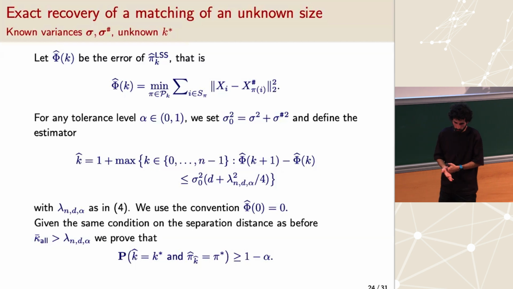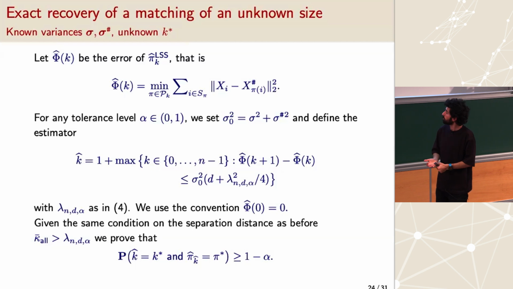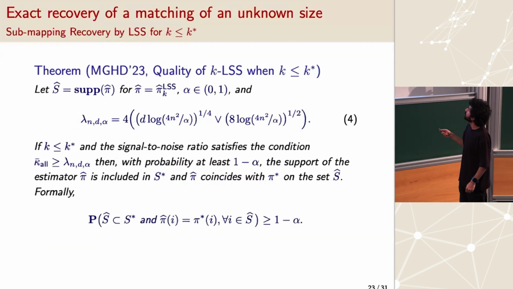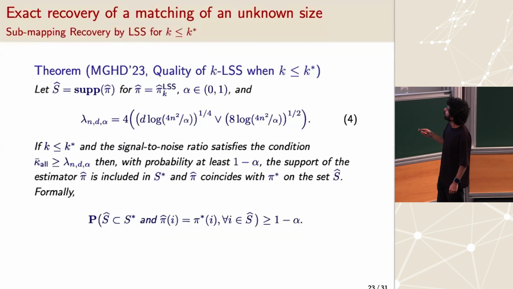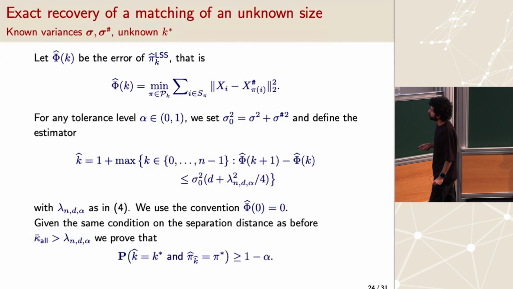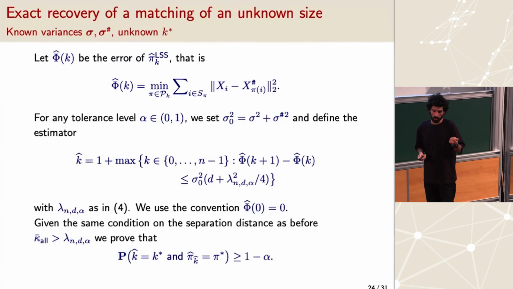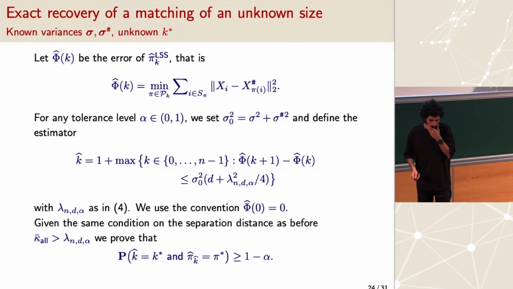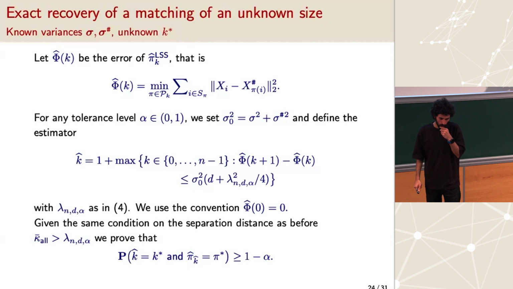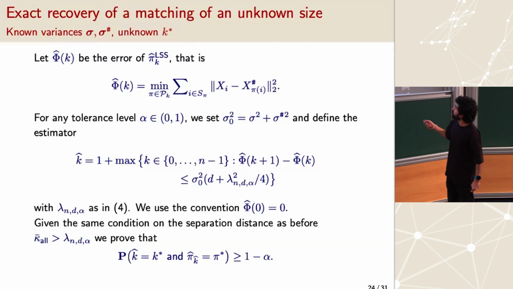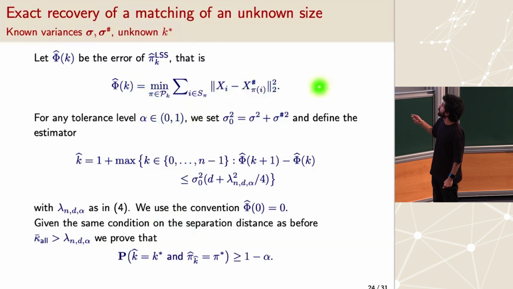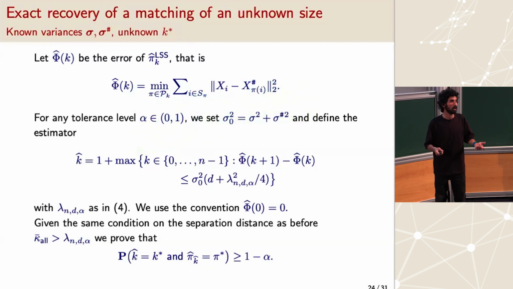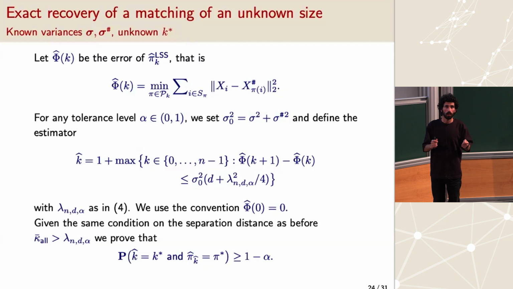What we are doing is solving this problem for some values of k, and we are looking at the cost function that we are optimizing, and at the increment of this cost function after adding another pair.